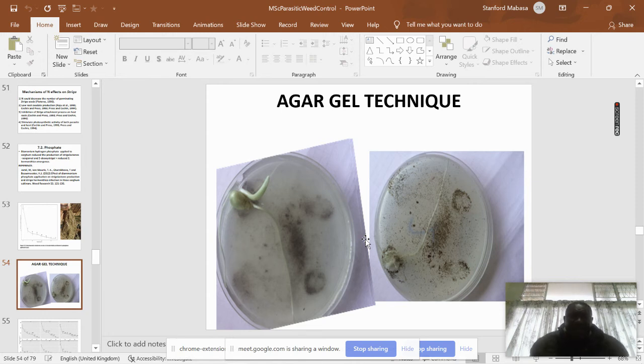This technique is known as the agar gel technique, which is used to screen germplasm for resistance. But in this case, phosphorus was added to the petri dishes in order to evaluate the impact of phosphorus on the germination stimulants.